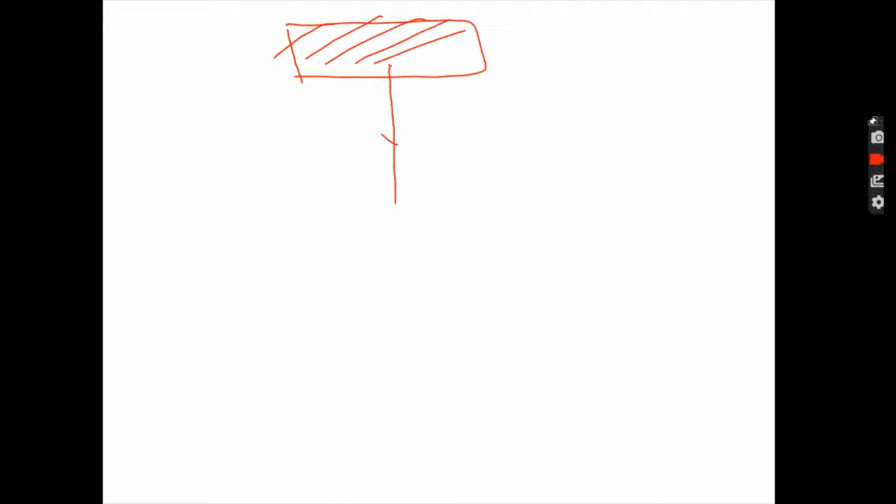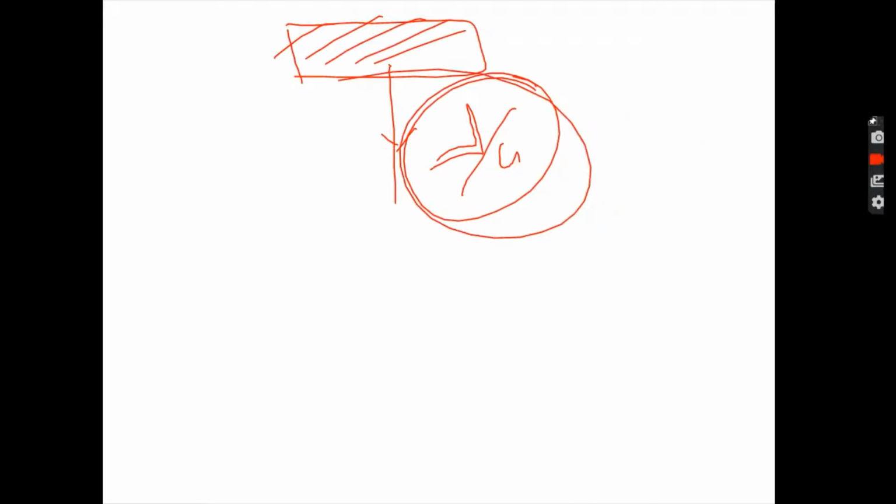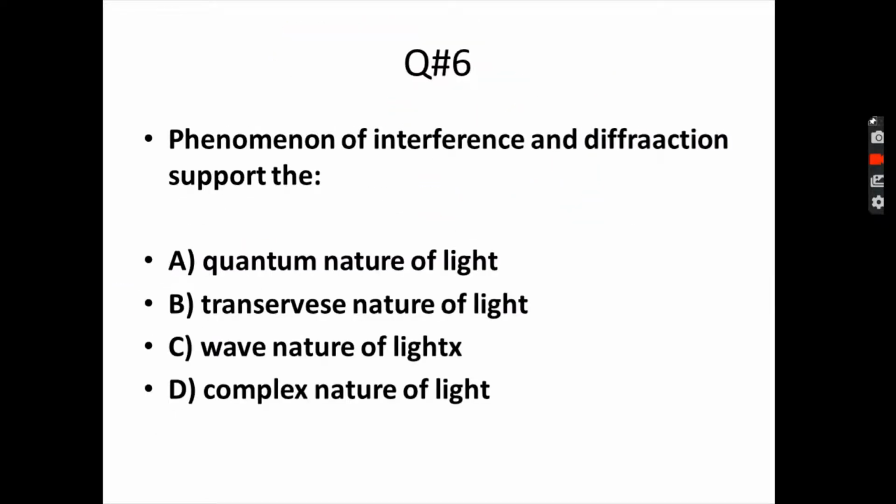When it is moved by a distance of lambda by 4, then a dark fringe will replace the bright fringe in Michelson interferometer. The right option is lambda by 4. Right option is A. Got it? Moving on to the next question.